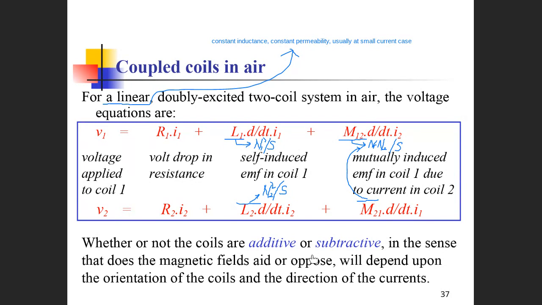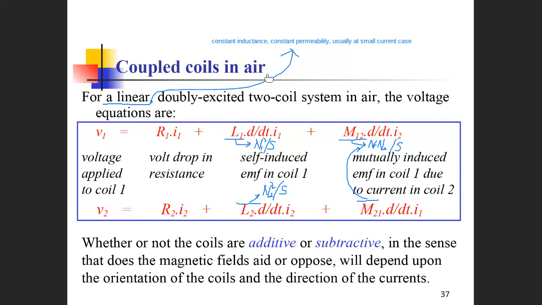So they may be opposite to each other, or additive, supporting each other or against each other. So this is the self term, this is the mutual term, and the result may be plus or minus. That depends on the orientation of the coils.